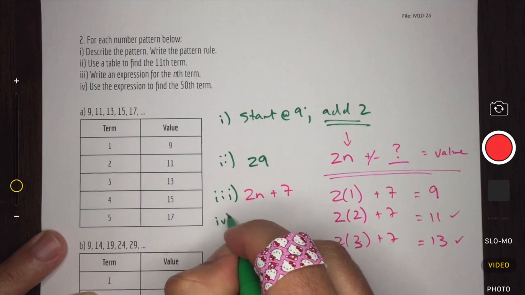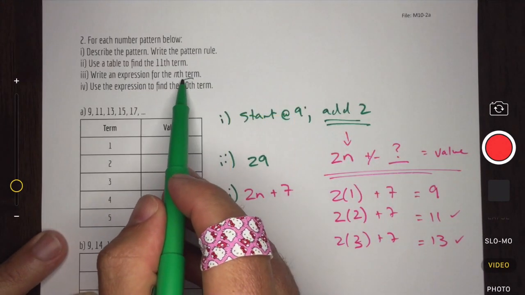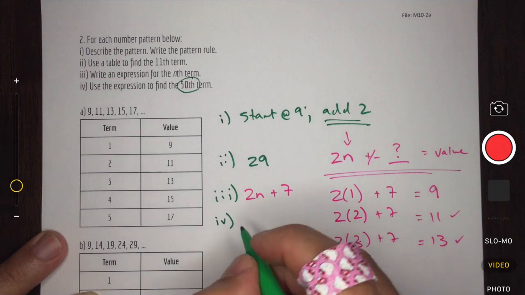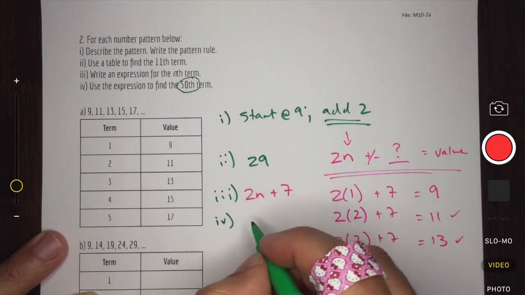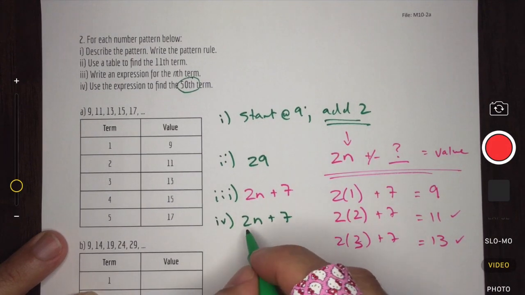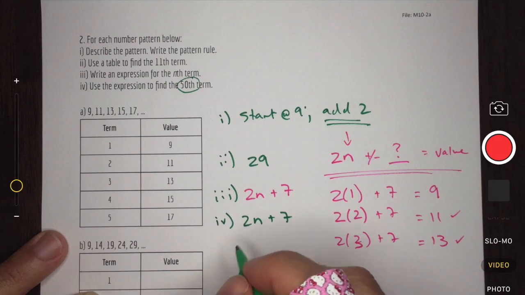Now for question number 4, what we're asked to figure out is, what would be the value of the 50th term? So here's where we can do a little bit of replacing. We know that 2n plus 7 is our expression, so we can write that out. But what we want to do is replace the n with the number 50, because that does represent the term number.